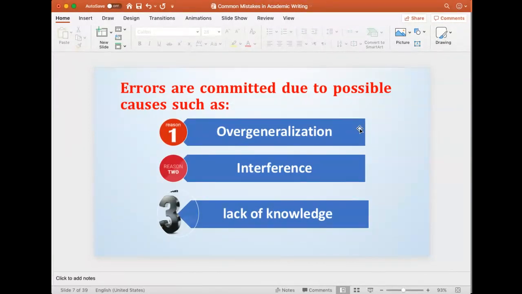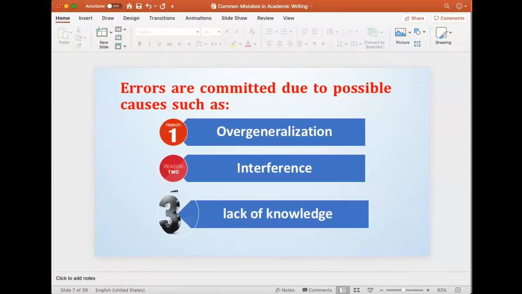Learners, when they start learning English, start learning some basic rules, but when they come into a situation where they have no background, for example, to formulate a sentence, they start applying what they have learned to fit that situation. For example, they don't know how to make a sentence using the present perfect. They use the past simple because that's the one they have learned. So they apply different rules in different situations.